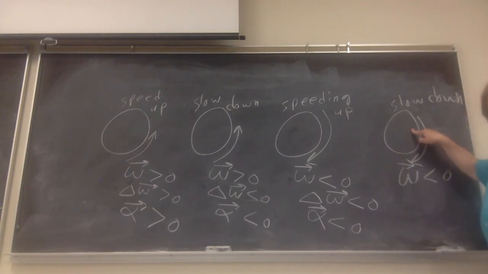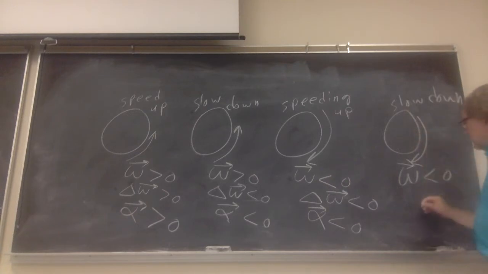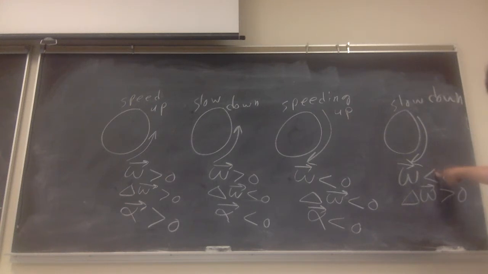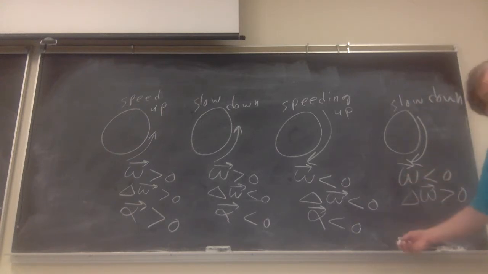When you've got negative velocity and slowing down, that happens because the extra velocity added on is positive. Right? This positive velocity added on cancels out some of the negative velocity that you started with, so that in the end you have less of that negative velocity.